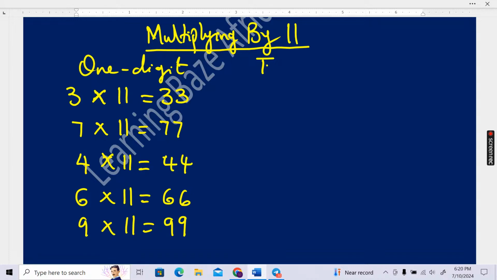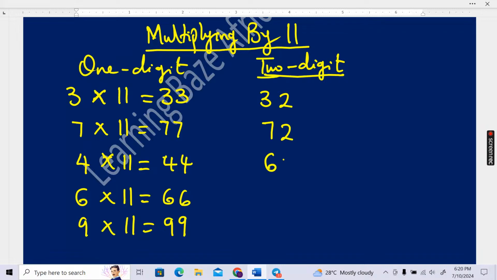Now let's move to two digits multiplication by 11. You should be able to multiply any two digit number by 11 in your head. You don't have to use your pen or your calculator. How do we multiply two digits like this by 11?